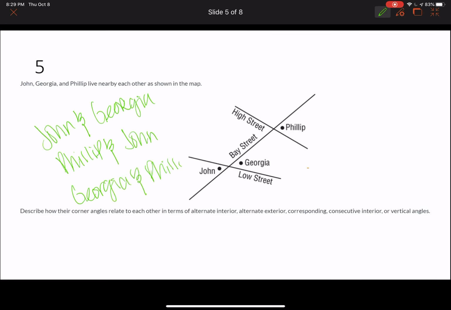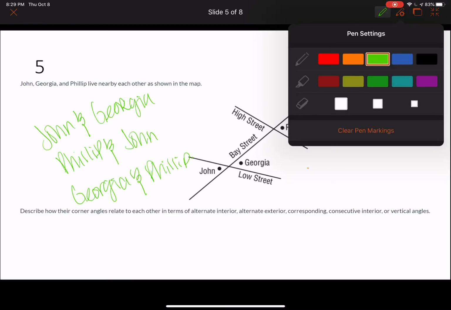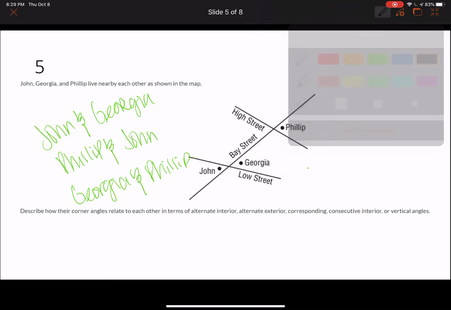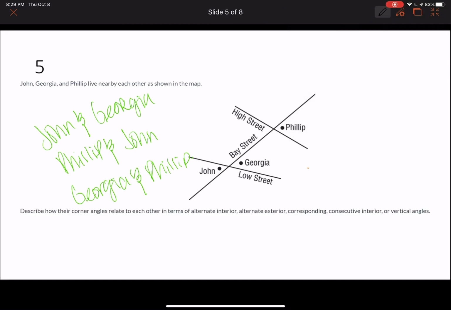And all you have to do was tell me the angle pair relationships. That's it. So John and Georgia are vertical angles. Philip and John are alternates.